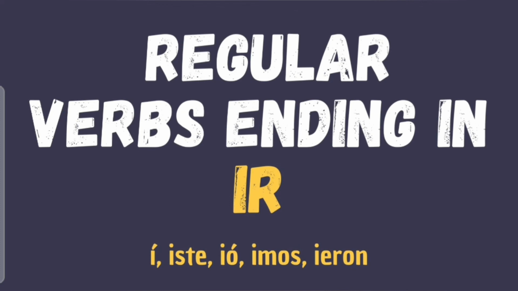Now, if you're talking about the personal pronouns ustedes, you in the plural form, or they, ellos or ellas, then the ending of your verb in the indefinite past has to be ieron, okay?